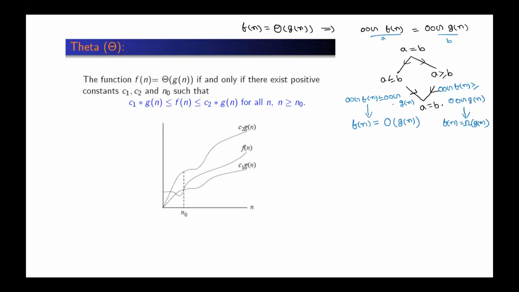Now, if f of n is big O of g of n, then by the formal definition of big O, there exist two constants, say C2 and n2, such that f of n is less than or equal to C2 into g of n for all n greater than or equal to n2.